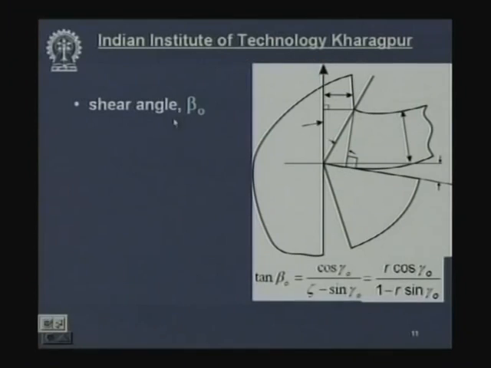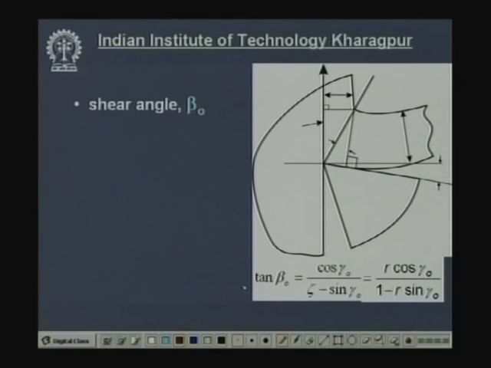Now, let us come to shear angle. This is the angle of bending of the chip. Now, this is how the chip is formed. This is a cross sectional view of the cutting drawn in orthogonal plane. This is drawn in orthogonal plane, the entire diagram.